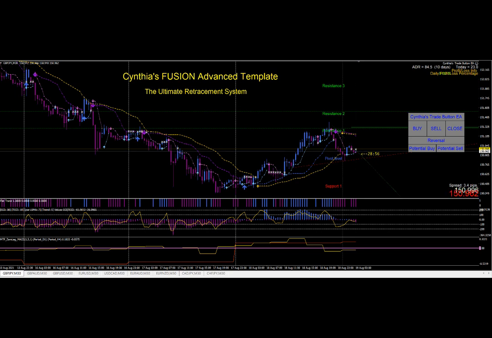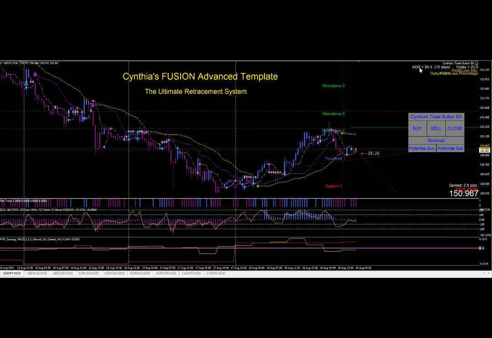I've created profiles for the advanced template, and you can see the currency pairs down here at the bottom that I've included in the advanced profiles. They happen to be what I consider the best moving currency pairs that have the highest average daily range.